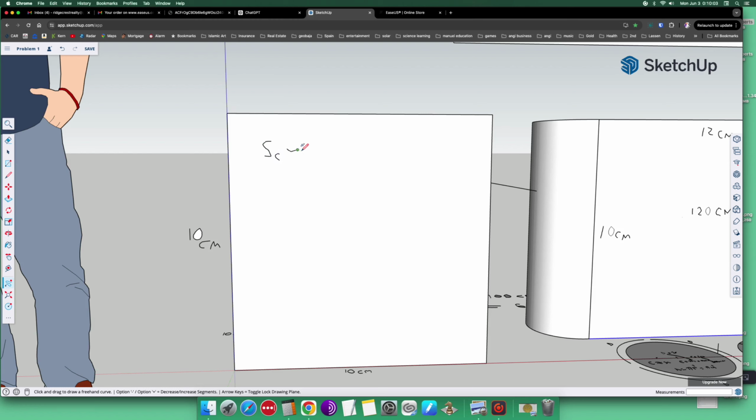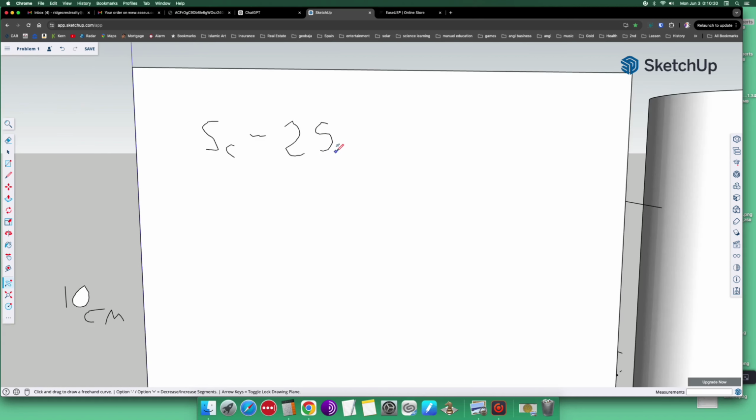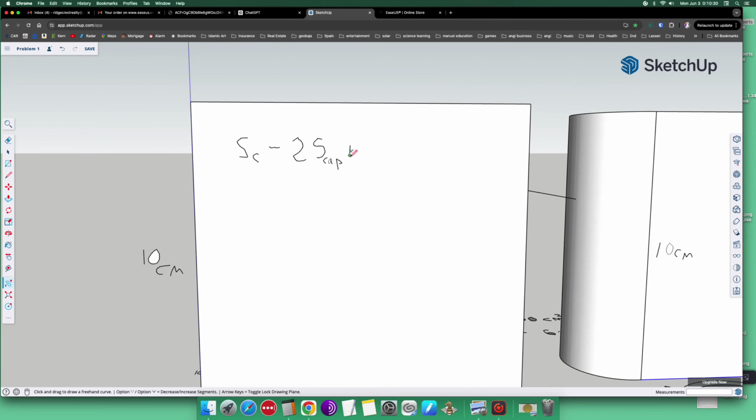So the caps were minus 2 times the surface area of one cap, the top and bottom of the cylinder. Plus, we have to add in the area that we added by removing that cylinder in the center of the cube.